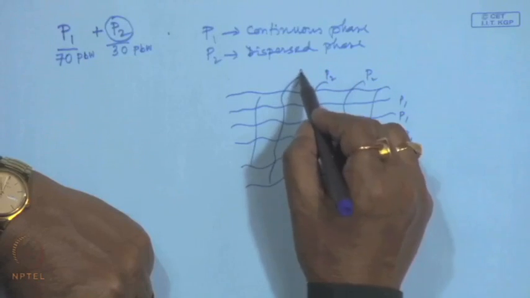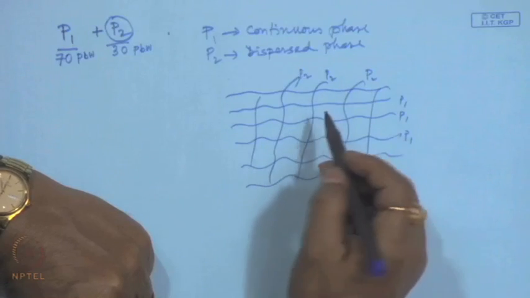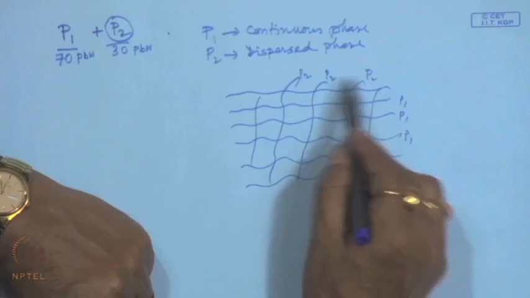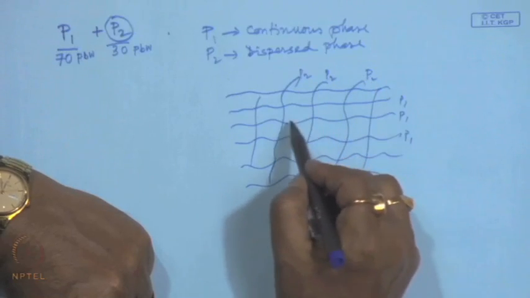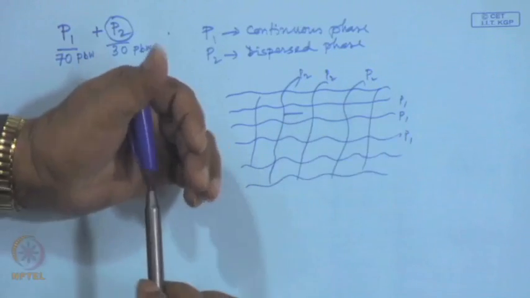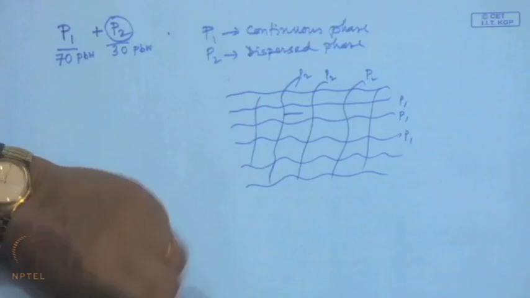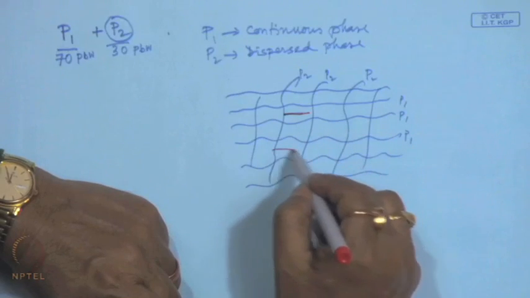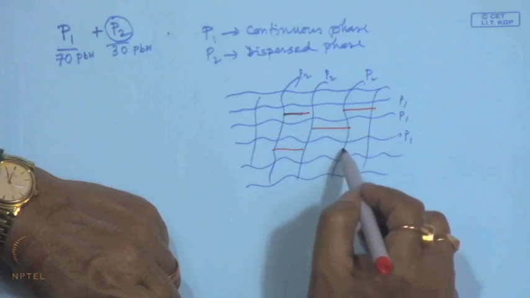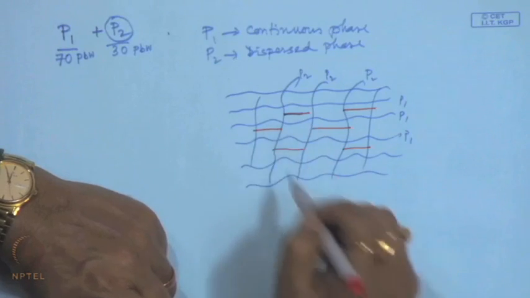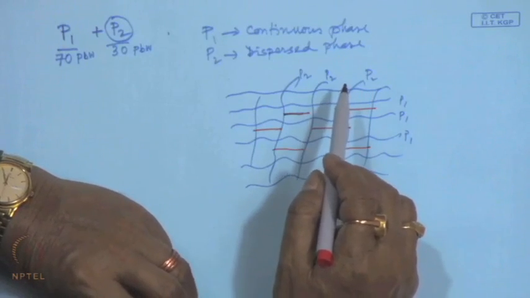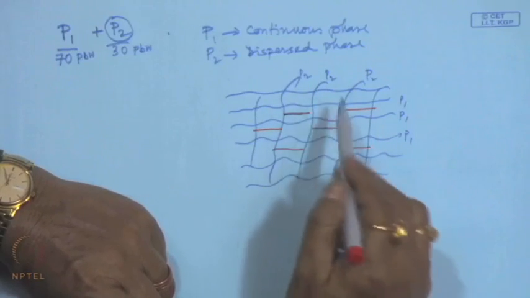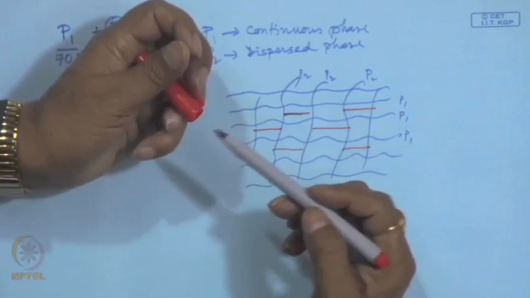Now, if P2 molecules are intimately mixed in P1 phase, that means P2 is dispersed in P1 phase, and if only these P2 molecules are interlinked, what will happen? These P1 molecules will remain in the cross-linked phase of the P2 molecules. So, that is a kind of compatibilization.